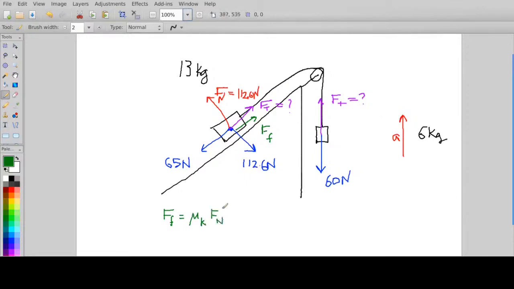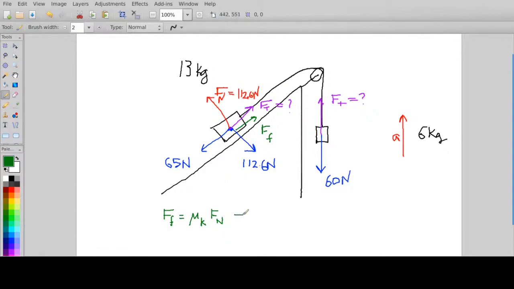For kinetic friction, you can use mu K times Fn. For the static, you can't, because for the static, it's an inequality, and you don't solve for a value in an inequality, you solve for a range. But here, for an equality, you can solve for an actual value.